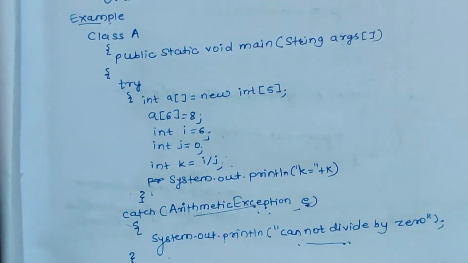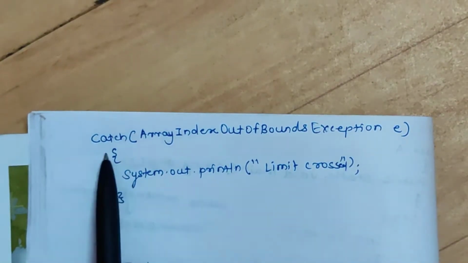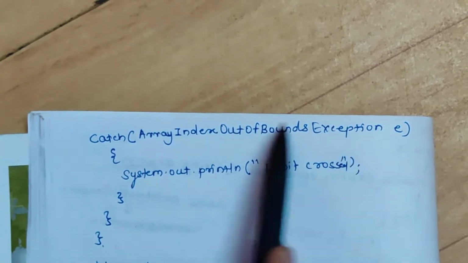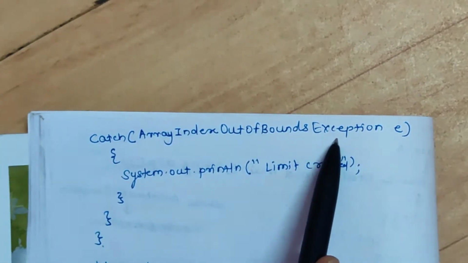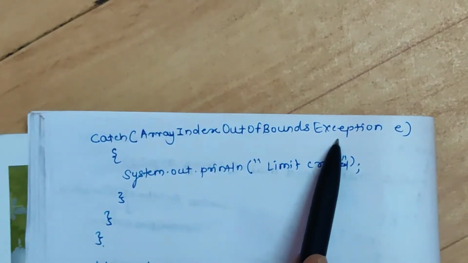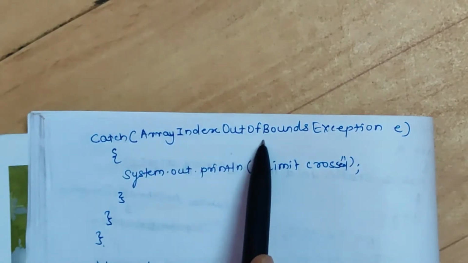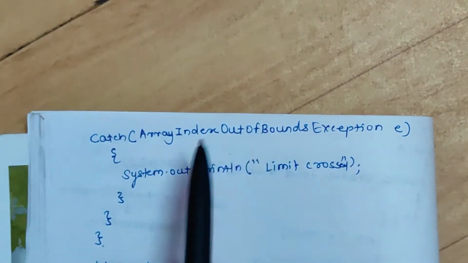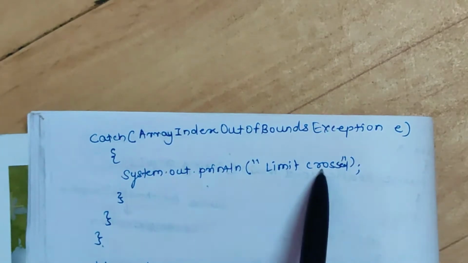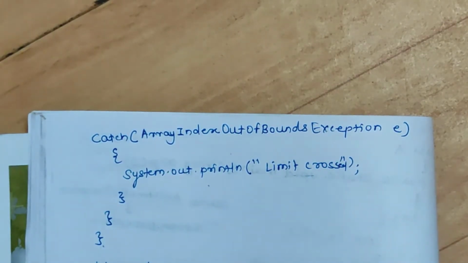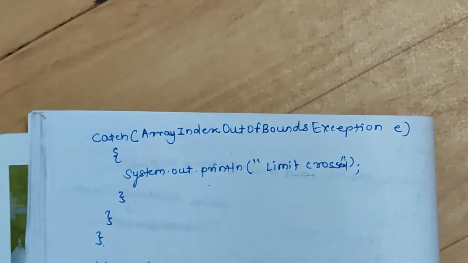So this is the first catch block to handle arithmetic exception, and this is the second catch block, for array index out of bound exception, to catch the exception for accessing a memory location which is not available, because our array size is only 5 and we are trying to access the 6th location of the array which is not available. So I have displayed a simple message, cross the limit. So this is how multiple catch blocks can be used to catch multiple types of exceptions in Java.